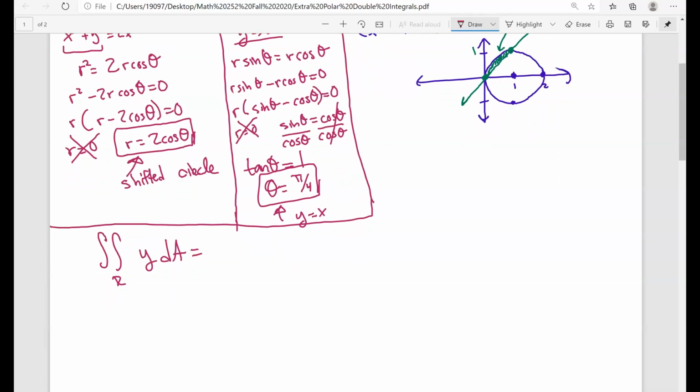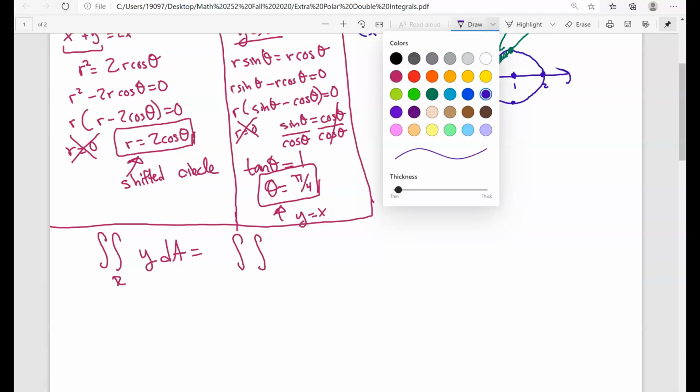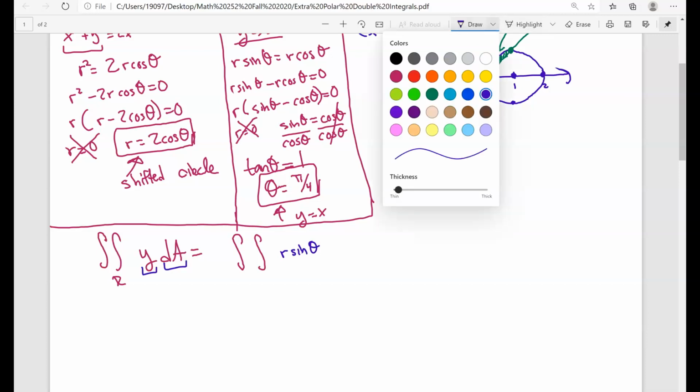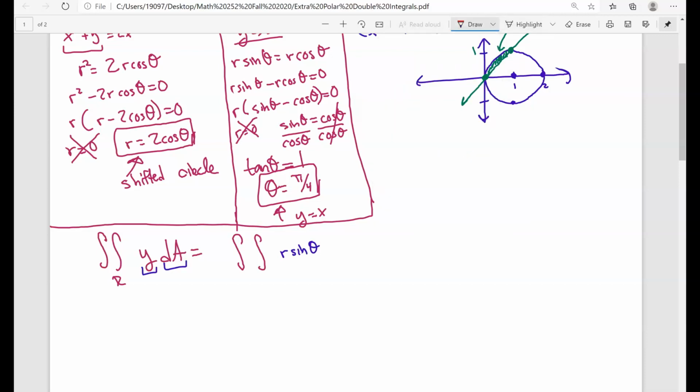Remember, to convert to polar, y is just going to be r sine theta, and for dA we're going to have that extra r dr d theta, which is what we learned in class.